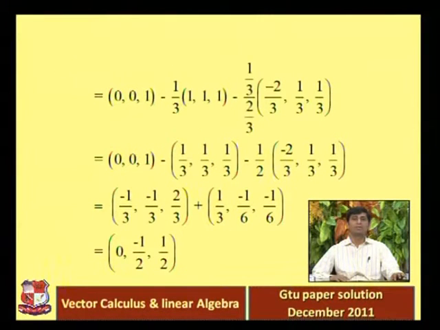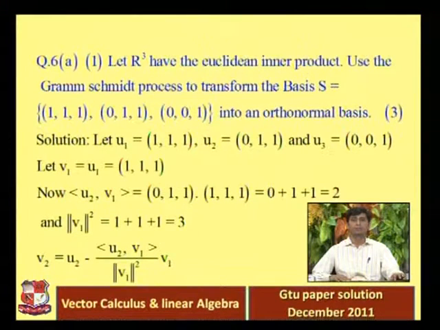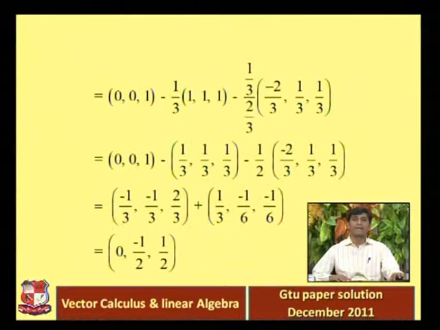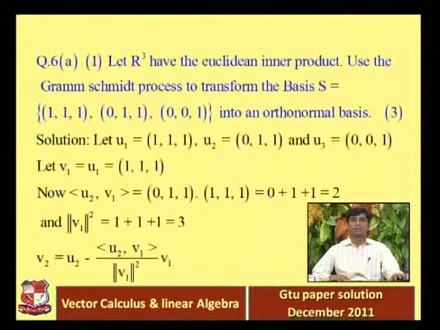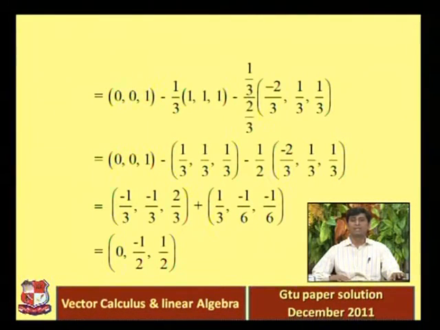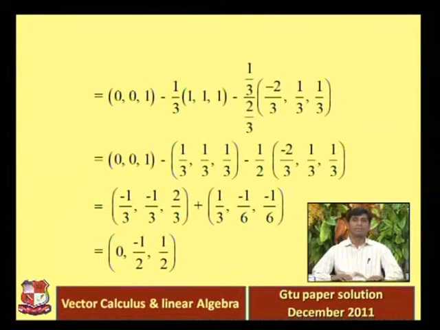So v3 is equal to 0 0 1, that is u3, minus: inner product u3 v1 is 1 and norm v1 square is 3, so 1 by 3 into 1 1 1, that is v1. Now inner product u3 v2 is 1 by 3 and norm v2 square is 2 by 3, so 1 by 3 upon 2 by 3 into v2. v2 is minus 2 by 3, 1 by 3, 1 by 3.